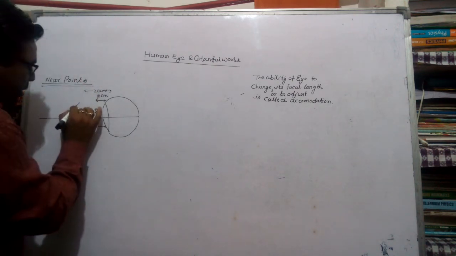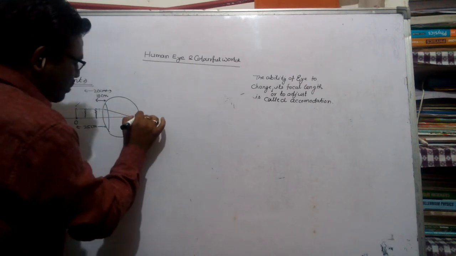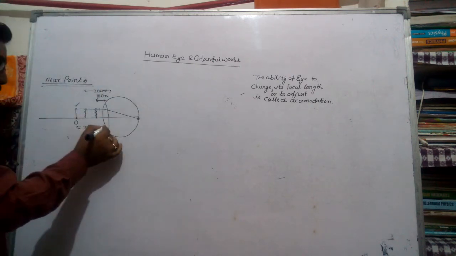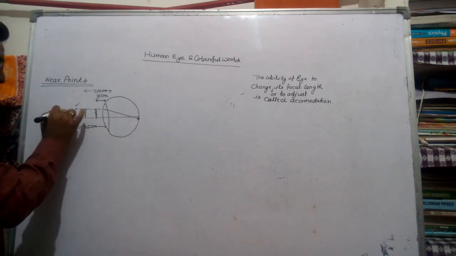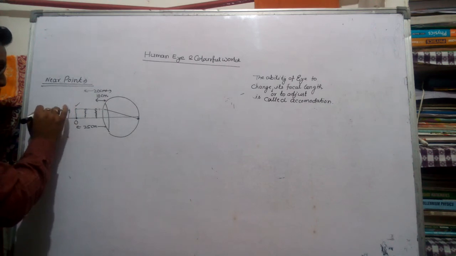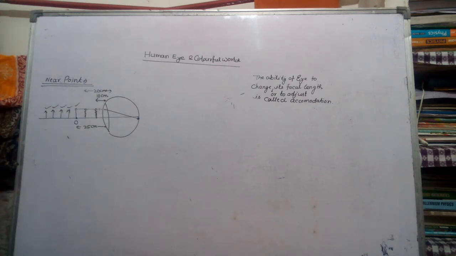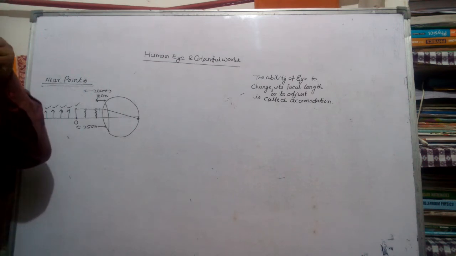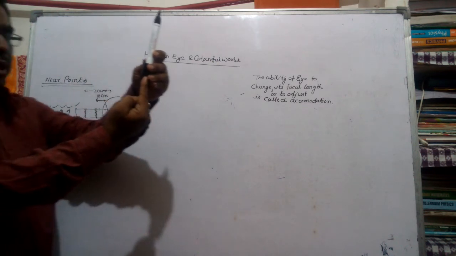The image is formed at the retina. It means, beta, when the object is placed at 25 centimeter and beyond, in all these positions the object is seen clearly.